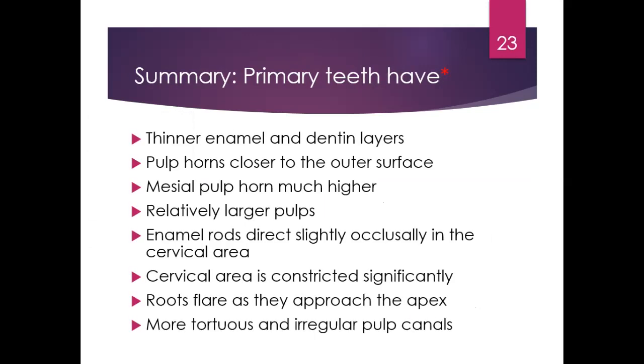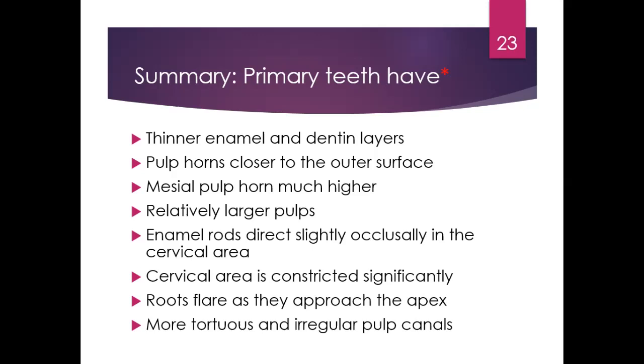So in summary, take a look at this slide, make sure you know it. Primary teeth have thinner enamel and dentin layers. The pulp horns are closer to the outer surface. The mesial pulp horn is much higher, with relatively larger pulps, okay?